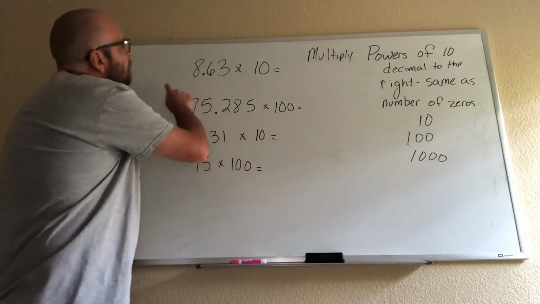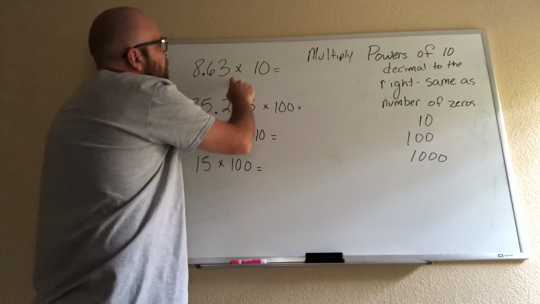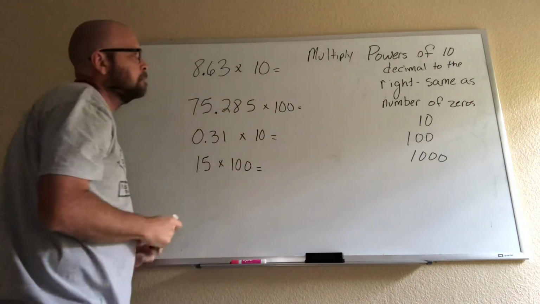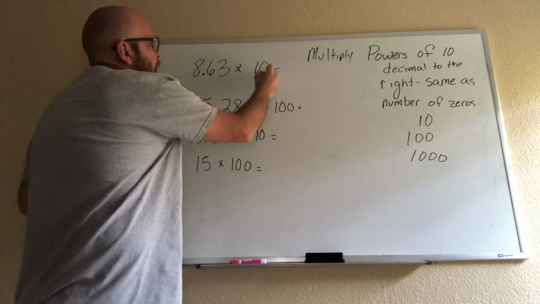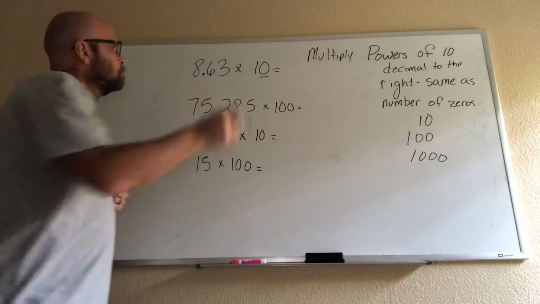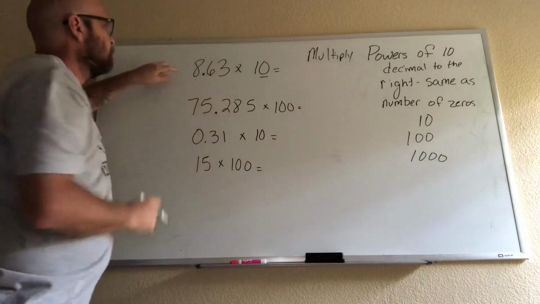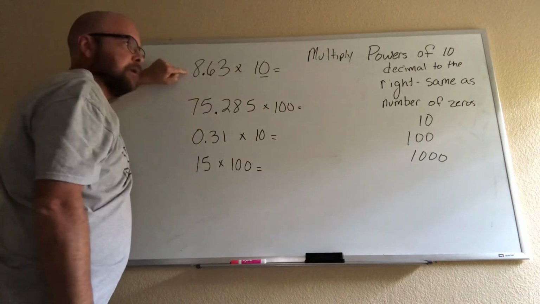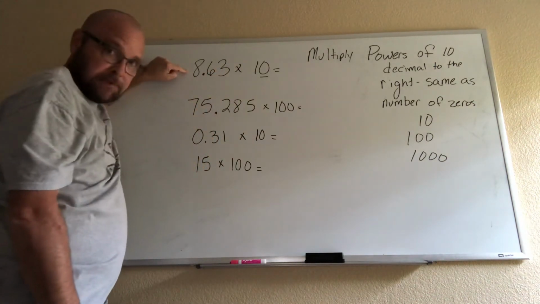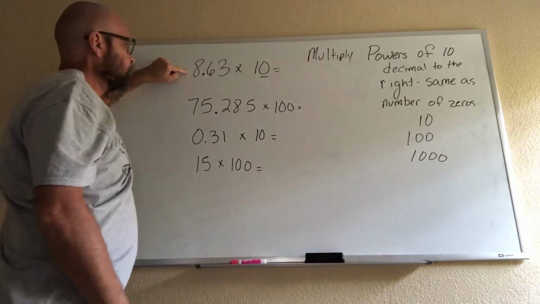Okay, so 8 63/100 times 10. We're multiplying by a power of 10, which means we move the decimal point one place. If I were to multiply 8 times 10, it would be 80. That's 10 times bigger than 8.